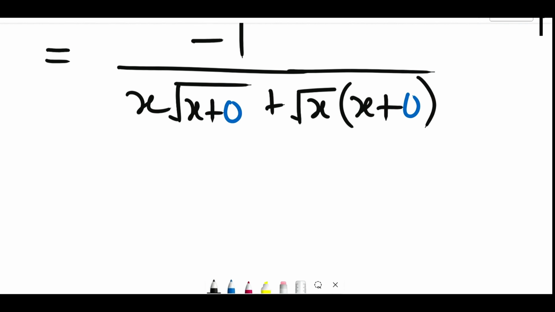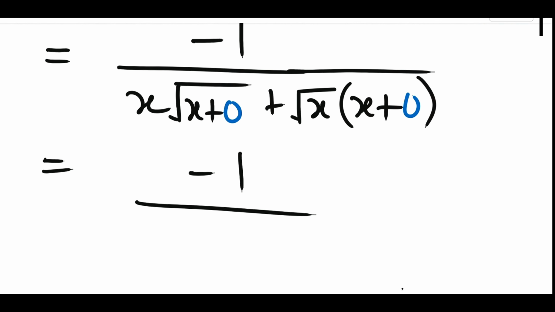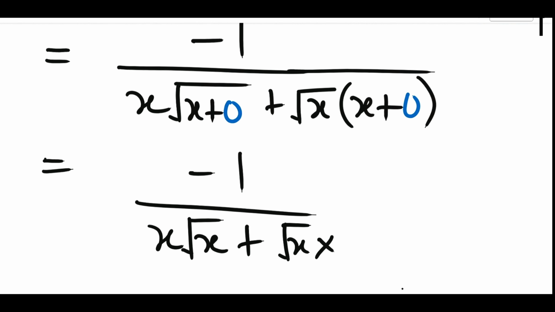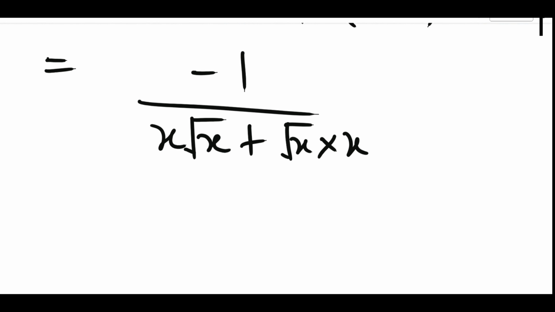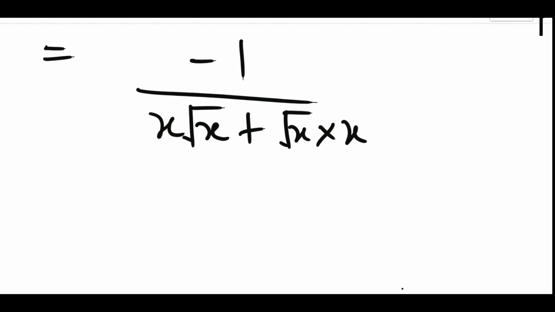So we now get negative 1 divided by x times the square root of x plus square root of x also times x. Right. Since we know that multiplication is commutative, square root of x times x is the same as x times square root of x.